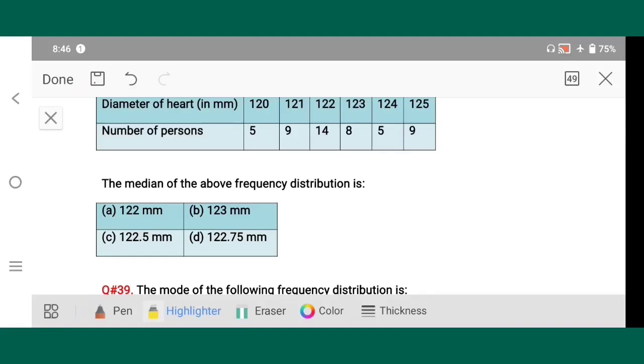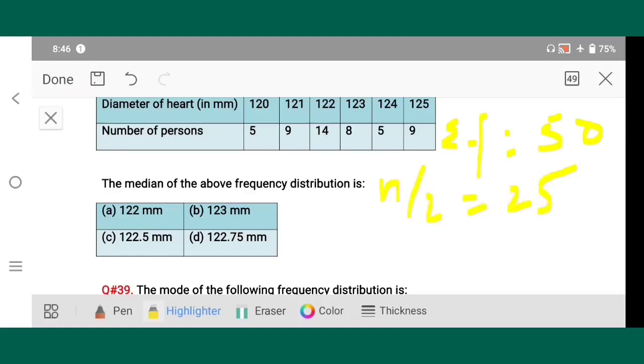So here just add the frequency, so it gives 50. So we know that we just divide it by 2, so n by 2 gives 25.